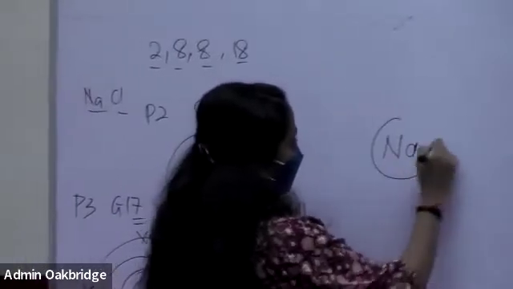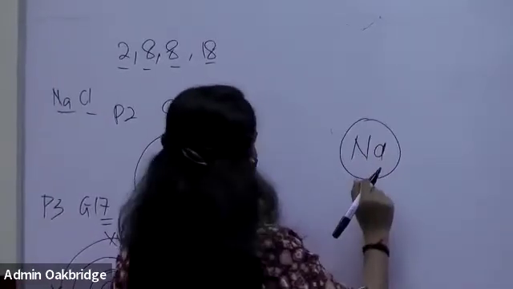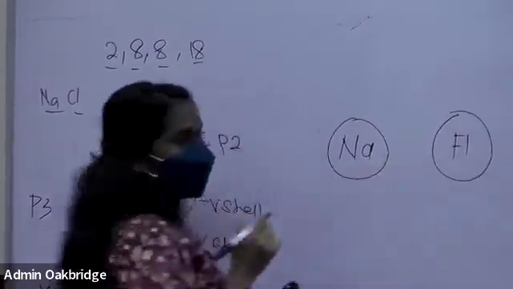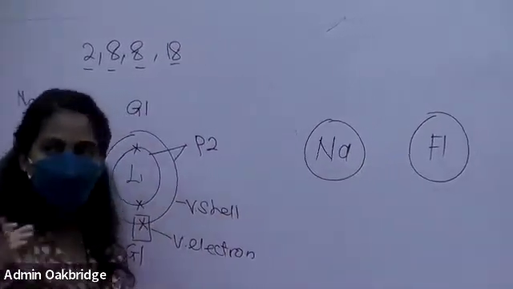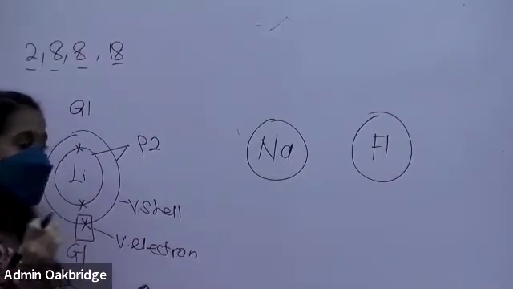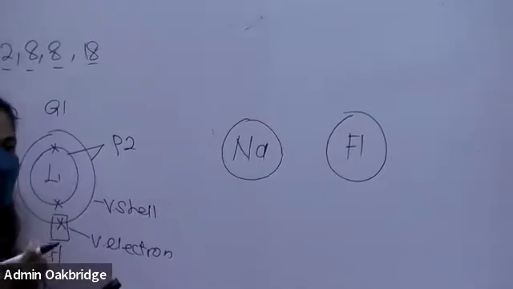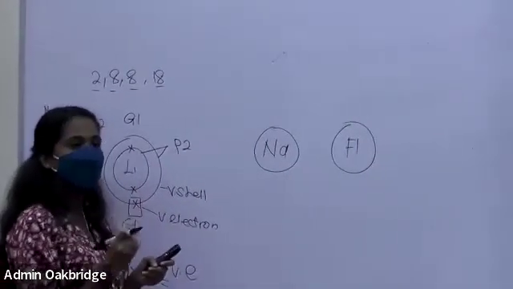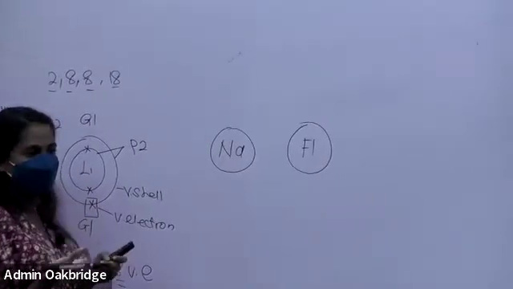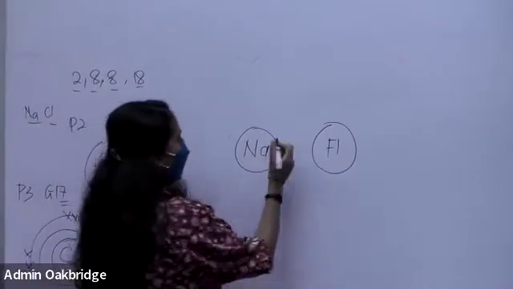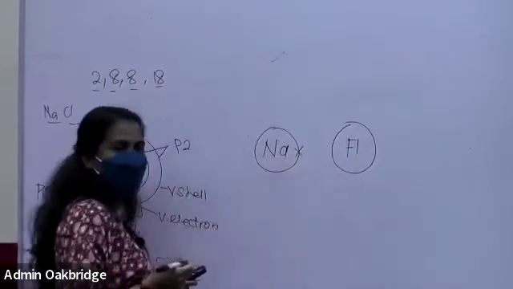Remember, when we are drawing our electronic arrangement diagram, we always draw the last final shell. Only the last final shell will indicate whether it should be shared or donated, or received. My Na will always have 1 valence electron.